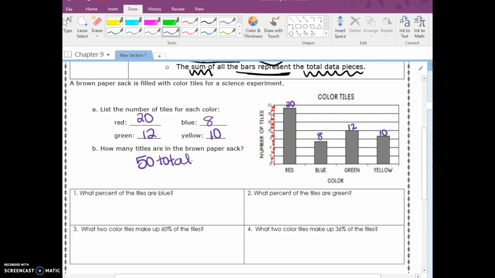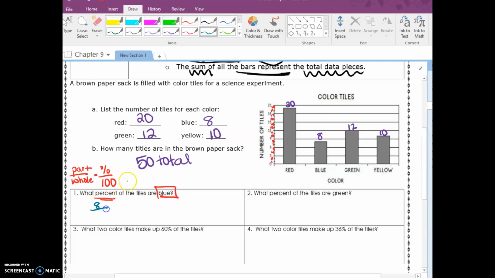So let's look at the percentages. What percent of the tiles are blue? In order to solve that, we can set up a percent proportion. Remember, what that means is your part over your whole equals your percent over 100. I'm looking for blue. Blue, the number is the part.